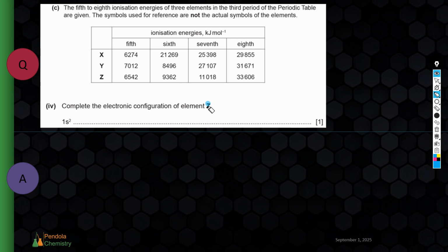So first things first, we are looking at element Z. So we don't care about X, we don't care about Y. We can block those off because those are not the elements that we're looking for. So I'm going to put a line through them so we don't look at them. We're not looking for X, we're not looking for Y, we're looking for Z. And it's important to block out data that we don't currently need.